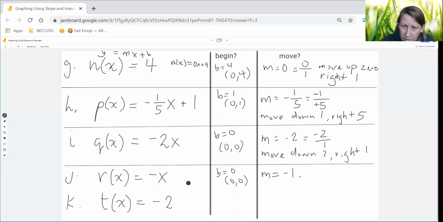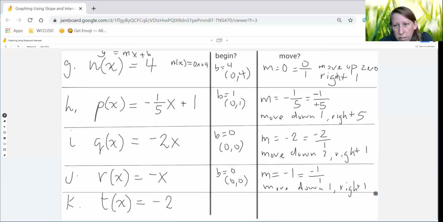Okay, which is -1/1, which is down 1, right 1. All right, if you can do this, you can graph very efficiently. All right, last one of these practice, identifying the information.